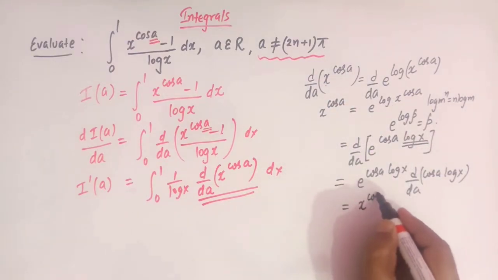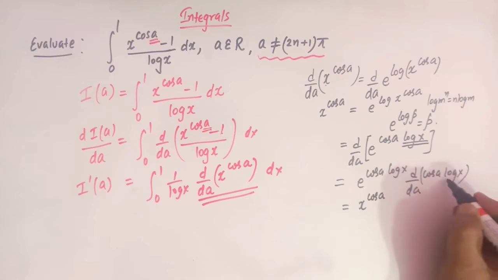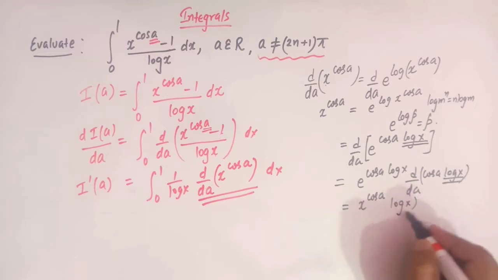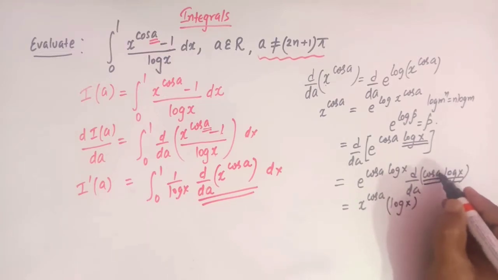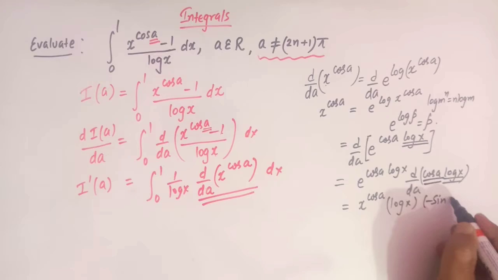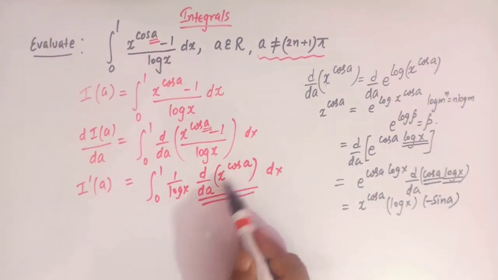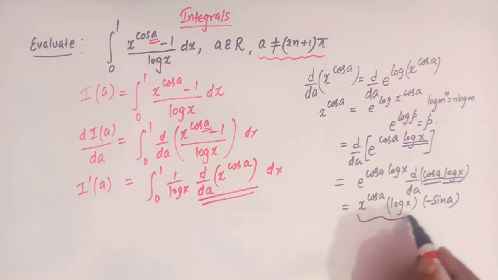So here we have x raised to cos a, and log x is a constant, so we'll take it outside the derivative operation. So we have log of x, and the derivative of cos a is minus sin a. So the derivative of x raised to cos a with respect to a is given by this expression.